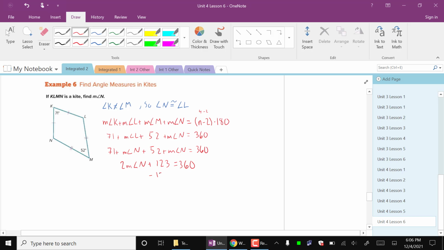So minus 123 from both sides. That gives me 2 measure of angle N equals 237. Divide by 2. The measure of angle N equals 237 divided by 2 is 118.5 degrees. So we found N as it asked us.